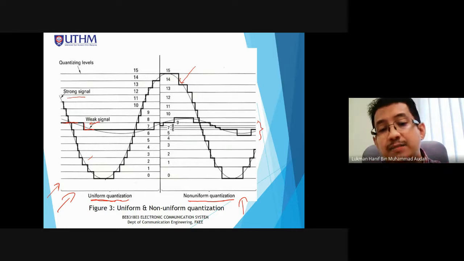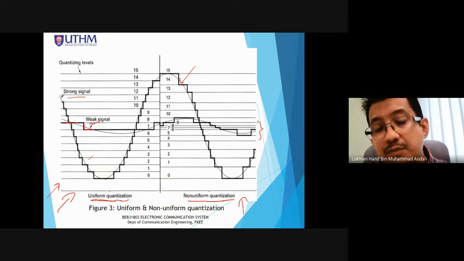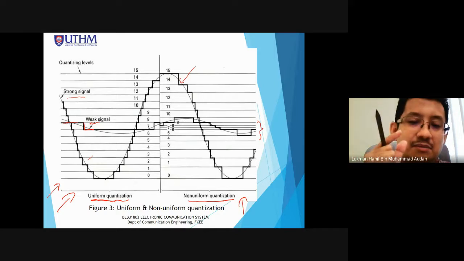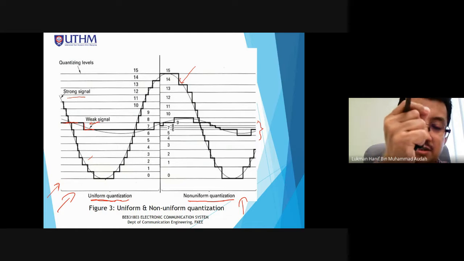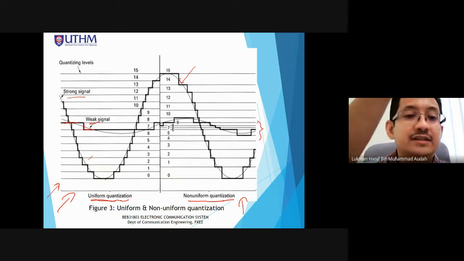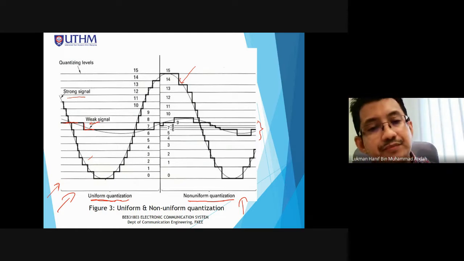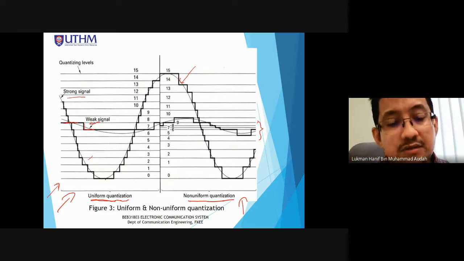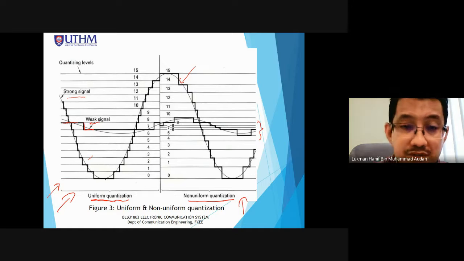Kalau kita ada banyak quantization level, bermakna kita punya quantization error itu semakin kecil. Kita perlu bundarkan sikit saja sudah sampai nilai level yang terdekat, which is good. Okay, so this is about the non-uniform quantization.